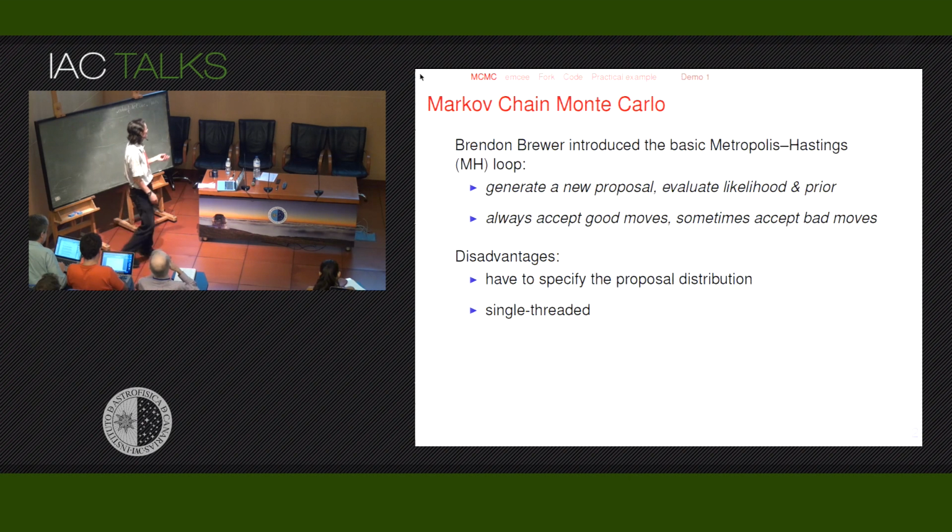Okay, so all right, let's start with a little bit of motivation. Brendan already gave you the basic Metropolis Hastings. You've probably seen this to death. The basic loop is you're moving one particle through a parameter space. The basic loop is choose a new place to jump, see whether the likelihood and prior are better there or not. If they're better, go there.